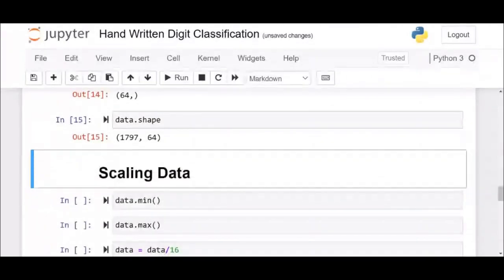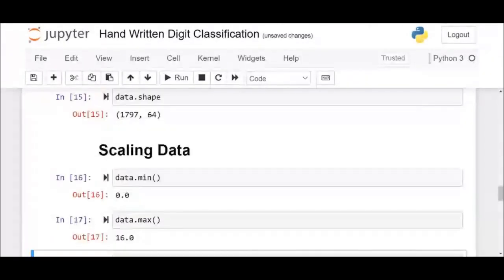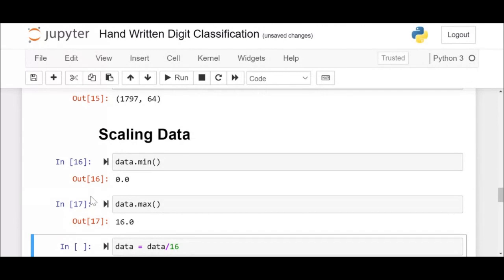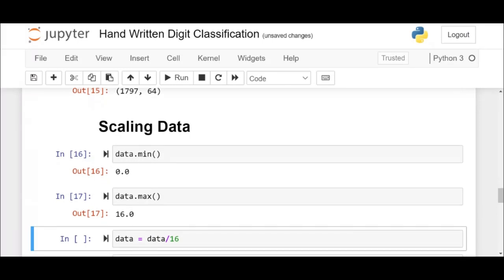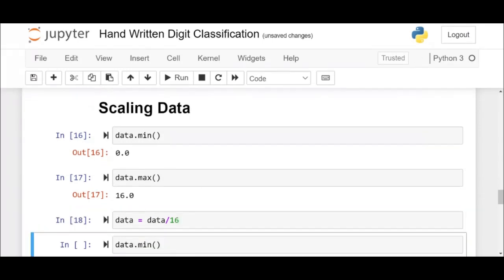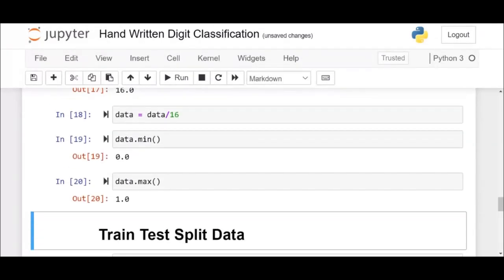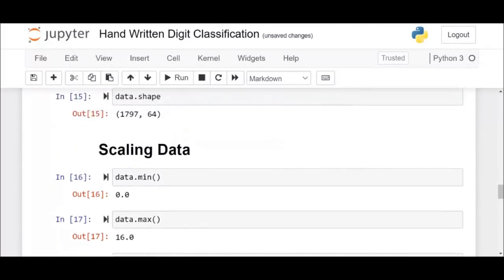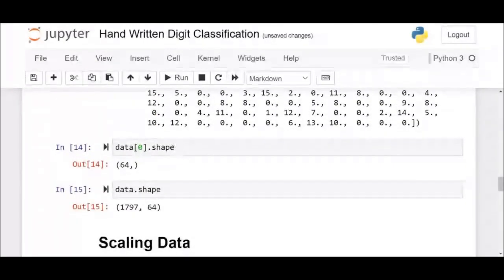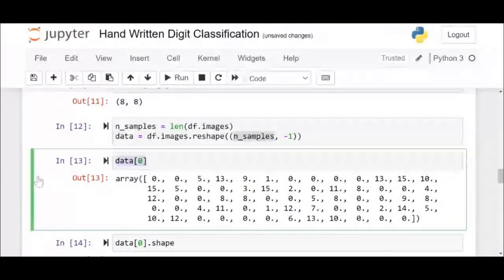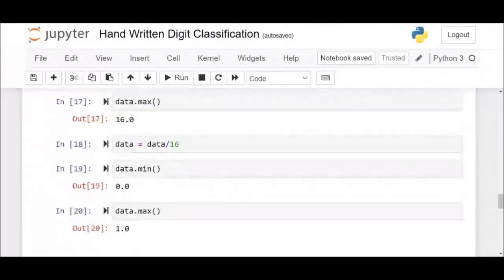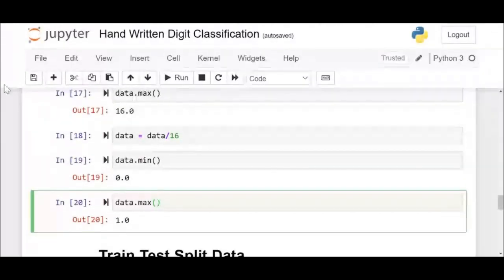So let's see what the minimum and the maximum value in my image is. So here the maximum value is 16. Sometimes it is 256 and so on, or 16. So we will divide our image pixels by 16 so that our values remain between 0 and 1.